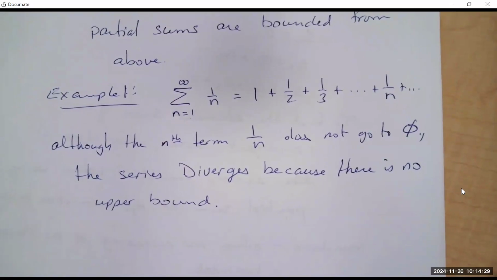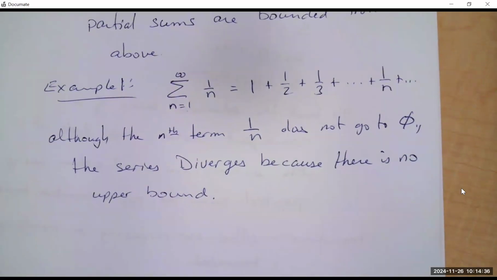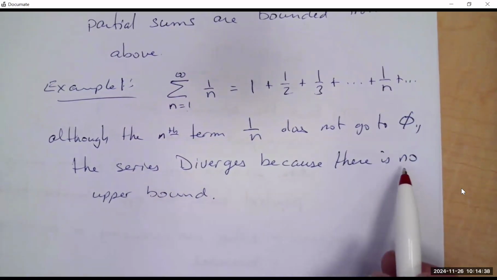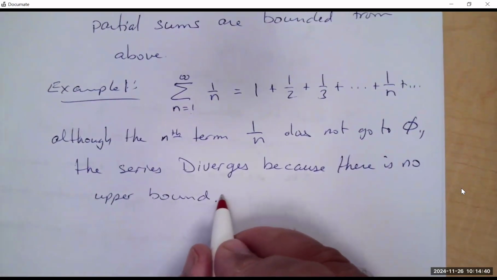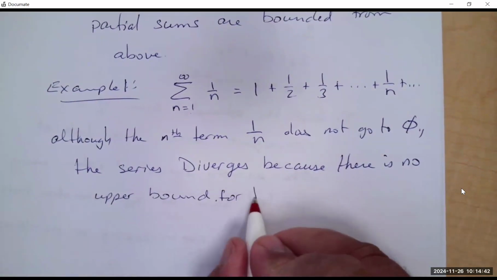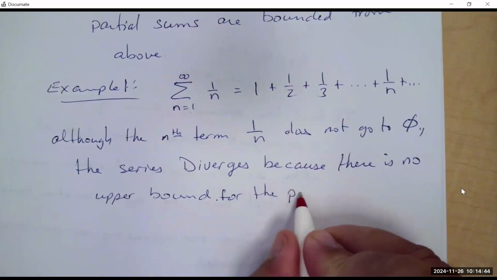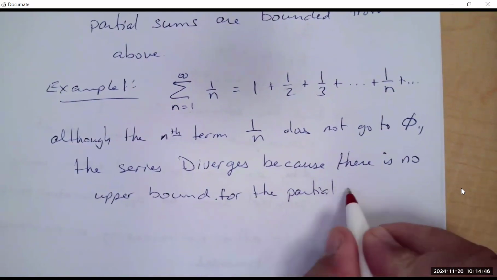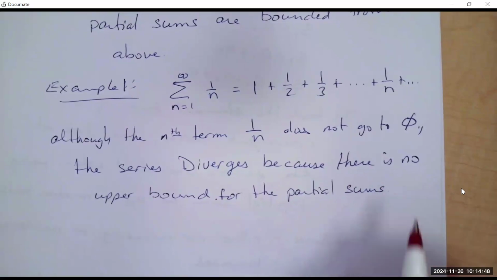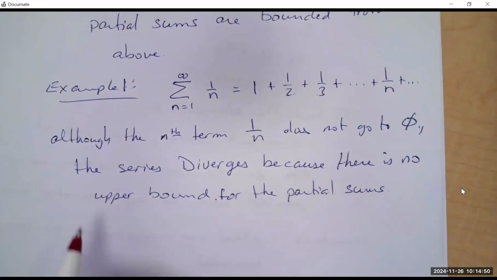How do we know there's no upper bound for the partial sums? Let's look at this sequence. We have 1 over n.